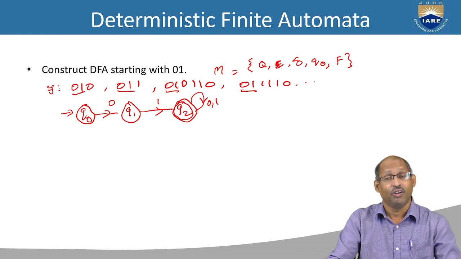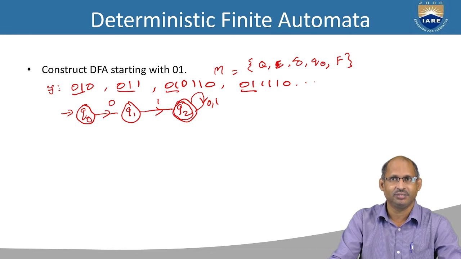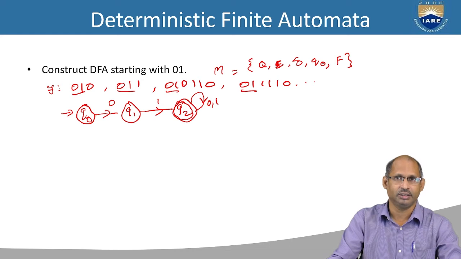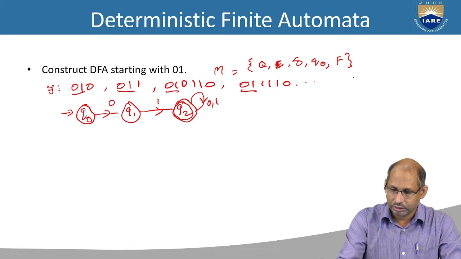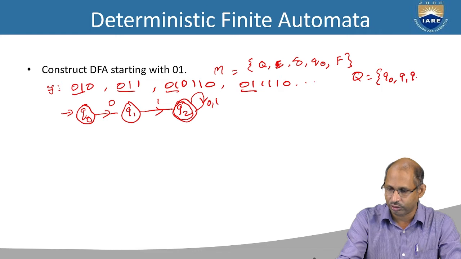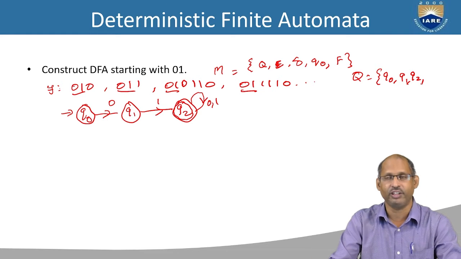Now, what does a DFA say? A state on an input symbol must have one and only one transition. Q is the set of states. Till now we have determined Q0, Q1 and Q2 are the required states.